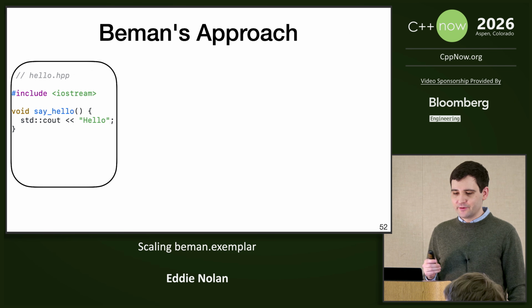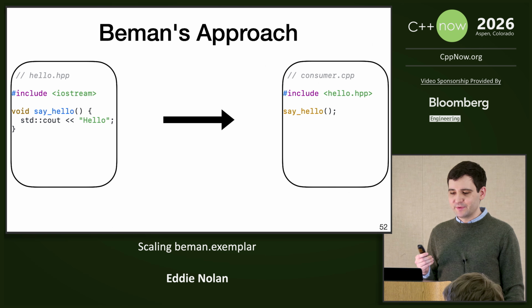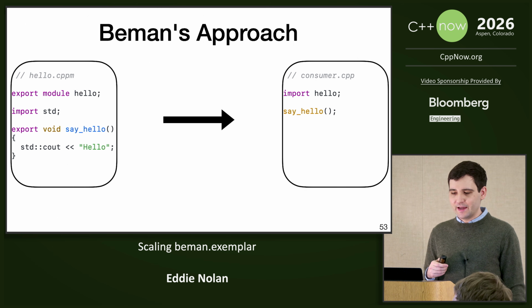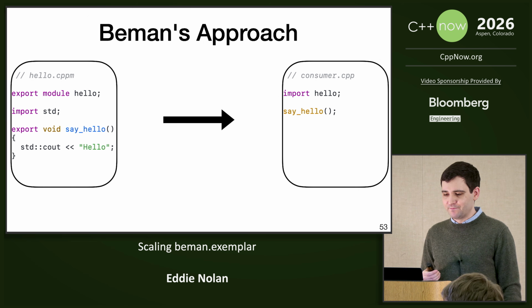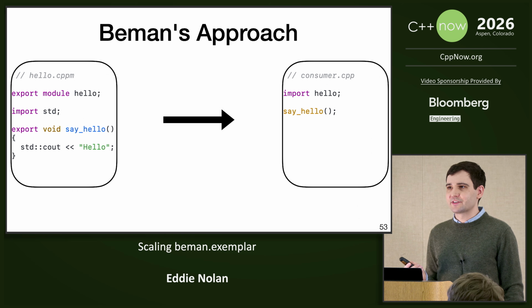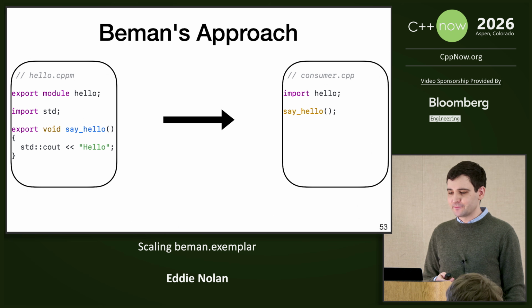So the basic non-module implementation of a very simple library that just prints hello: you have a hello.hpp file, and you have a consumer.cpp file. The module equivalent of that, you export a module called hello. You have this function that you export, say_hello. You're using import std to get iostreams. And then your consumer is going to import that module and invoke that function.